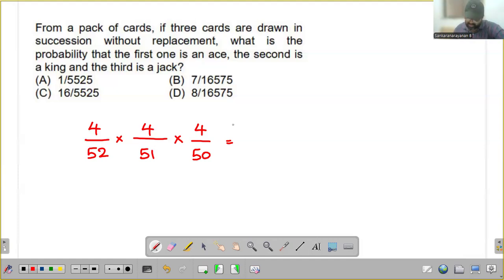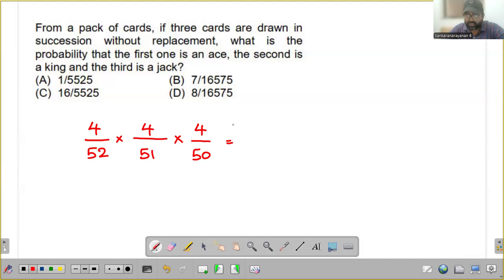And on solving this, how much will this come? Just a second. I can see that the answer will come as 8 by 16575.